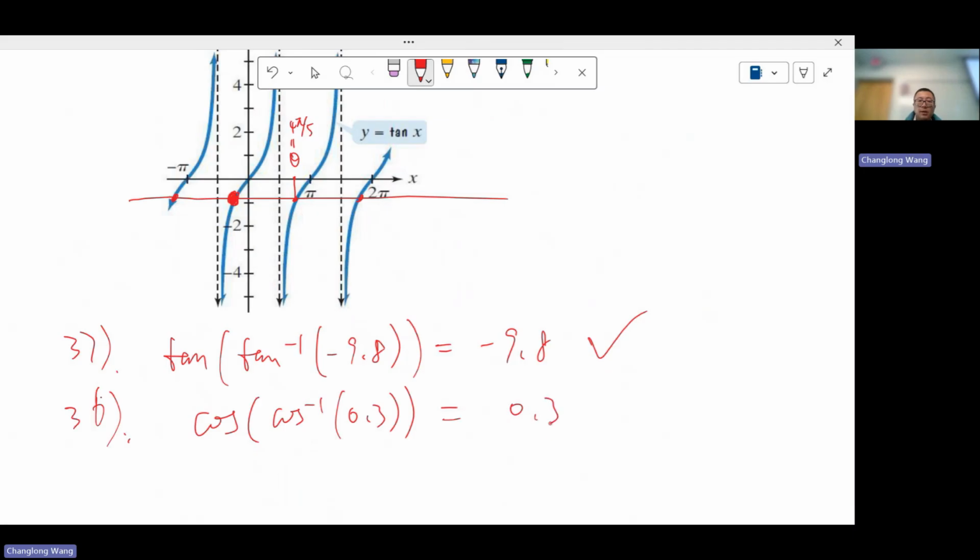Could it be just 0.3? Let's check. You can do outside and inside. Does that 0.3 fall into the domain of cosine inverse? The cosine inverse has a range of negative 1 to 1, right? That's good. Now, just to do a sanity check, does 0.3 fall into the range of cosine? Of course, right? That means there you go.